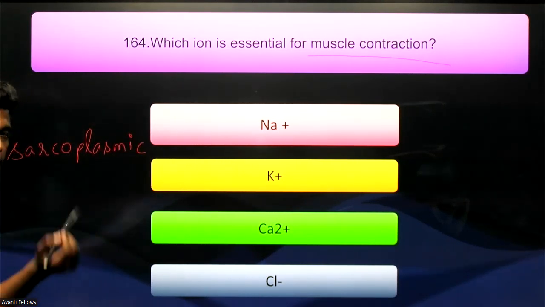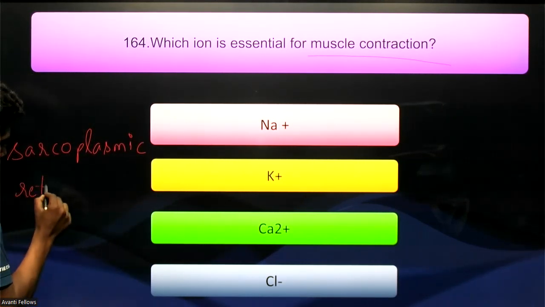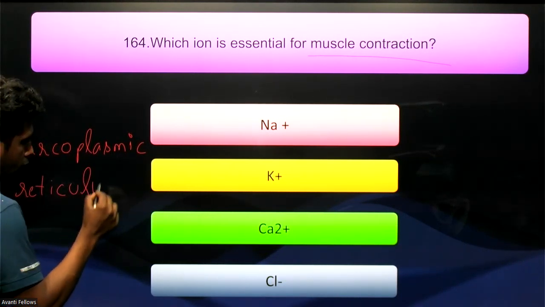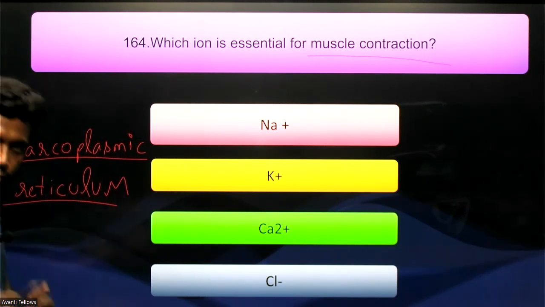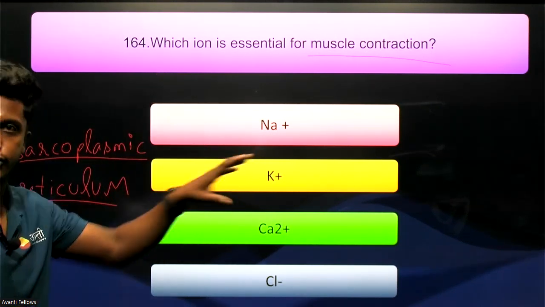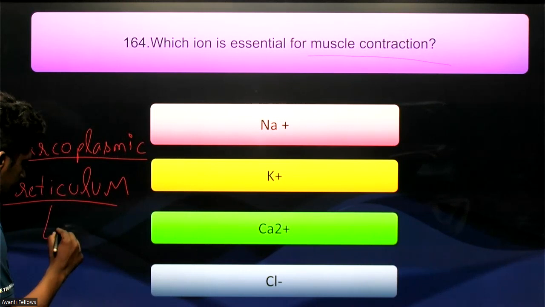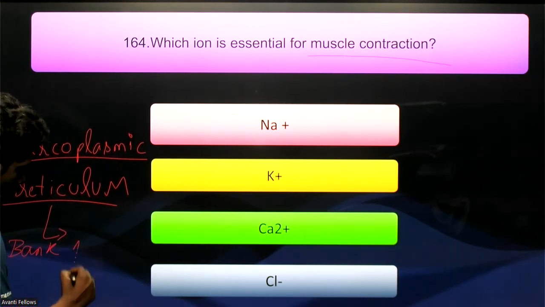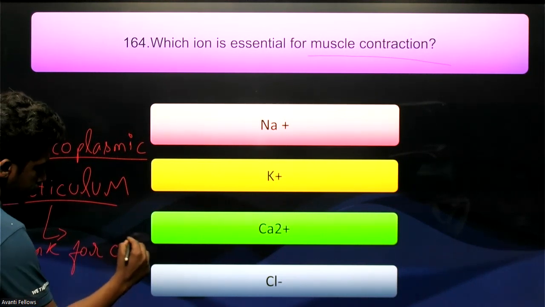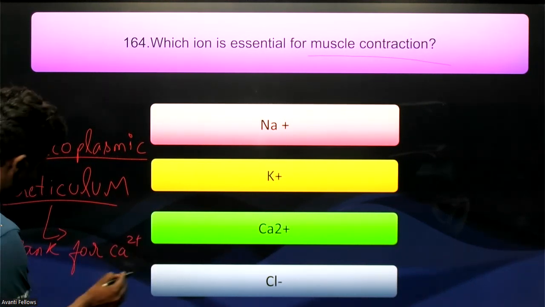If you remember this, it becomes very easy. The sarcoplasmic reticulum is a type of endoplasmic reticulum found in muscle fiber. What is its role? It acts as a bank for calcium ions.